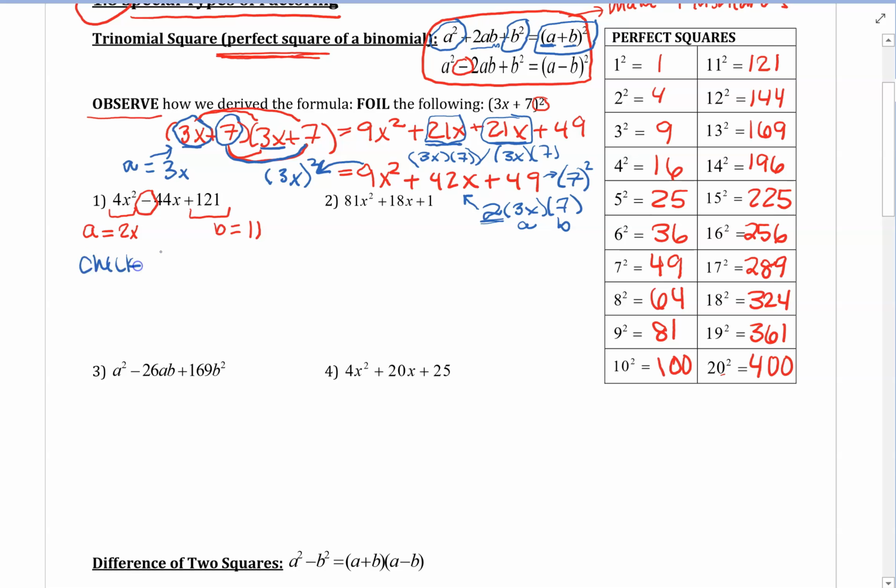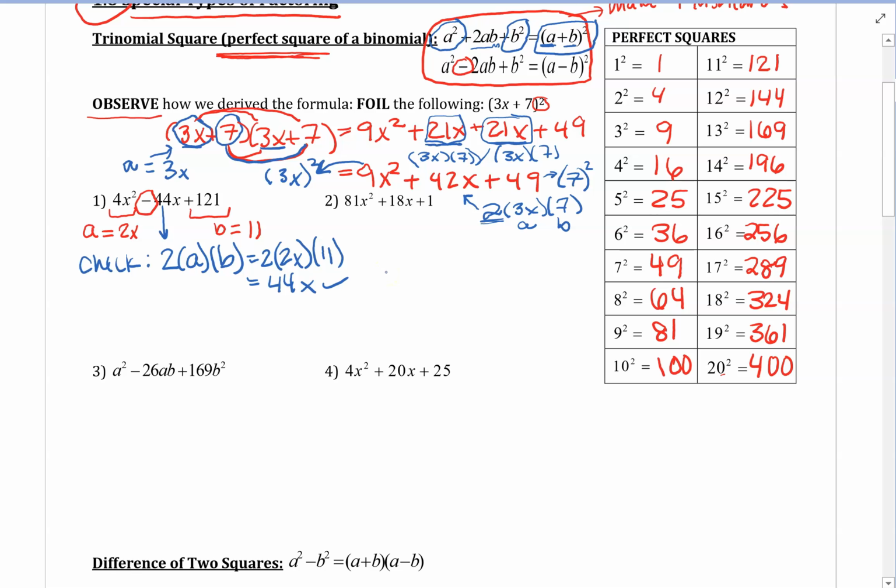You check the middle term and you ask yourself, is that 2 times a times b? So in this case, that would be 2 times 2x times 11. And yes, that is 2 times 2 is 4, times 11 is 44, and then x.